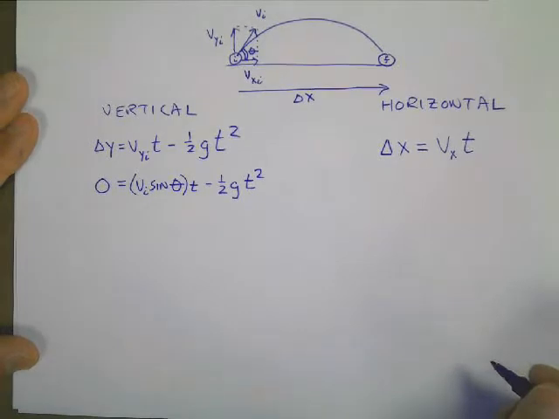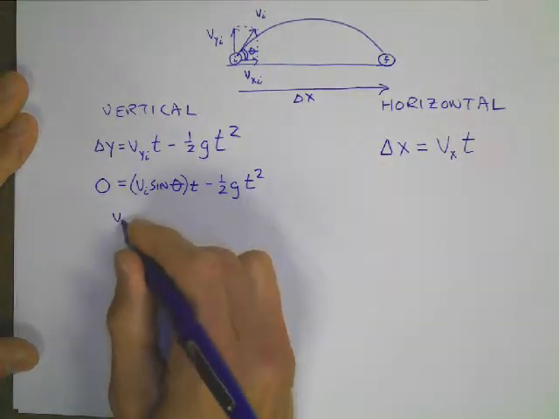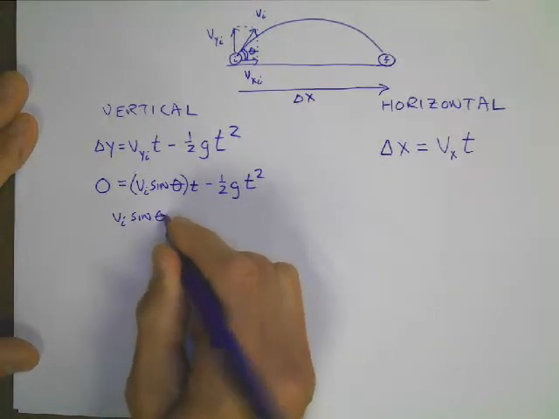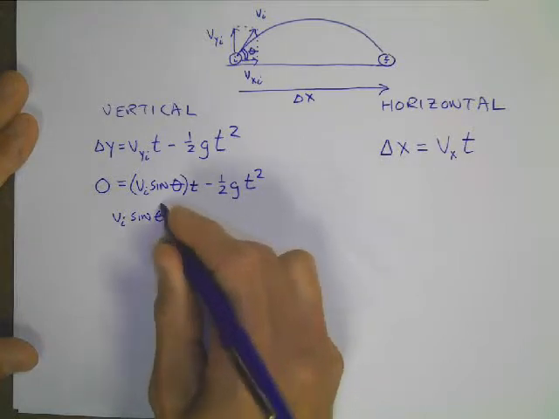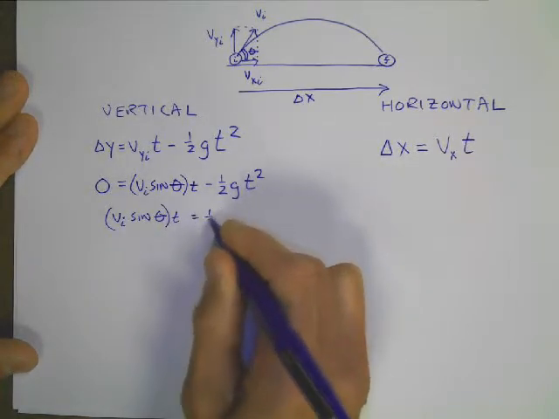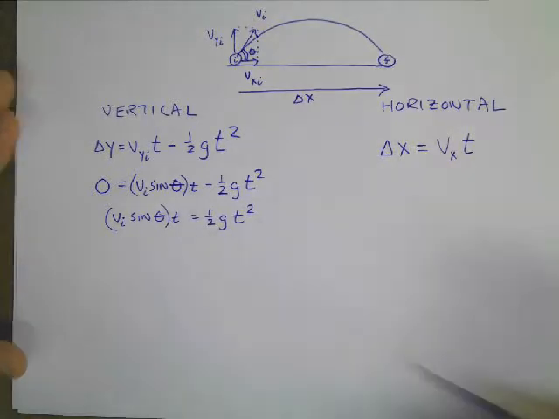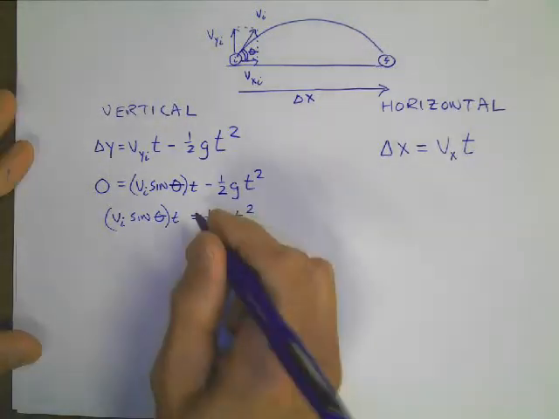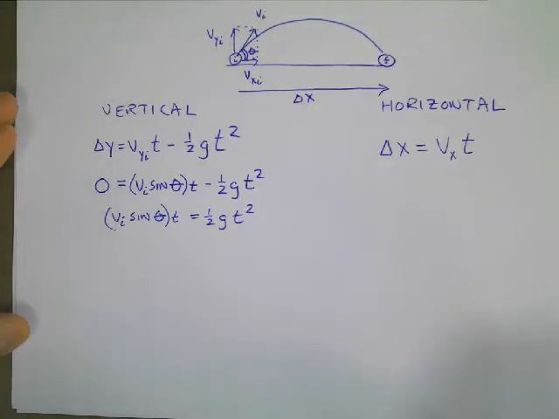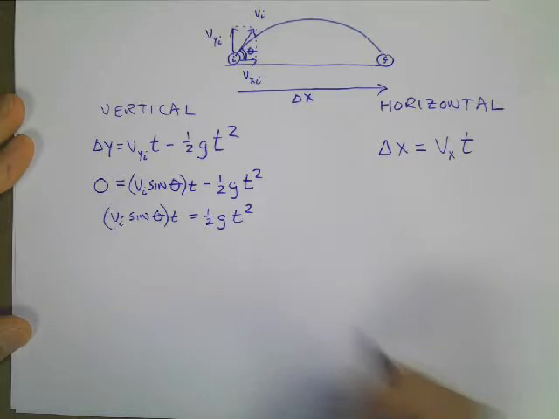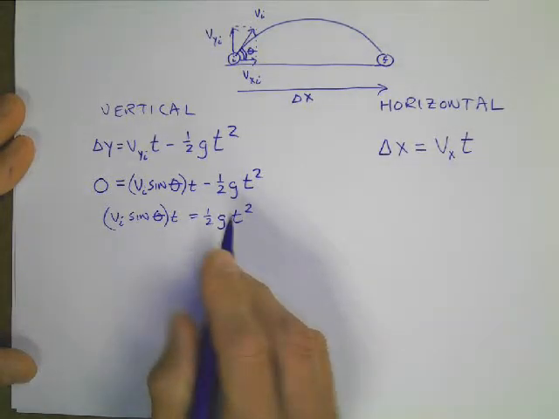I'm then going to isolate t by moving one of those terms over and multiplying both sides by negative, and then dividing out the 1/2 g.